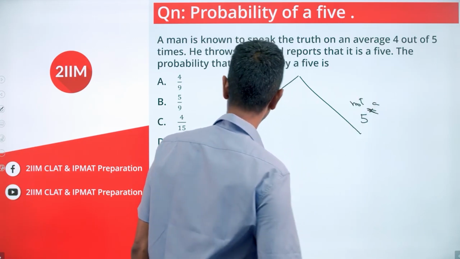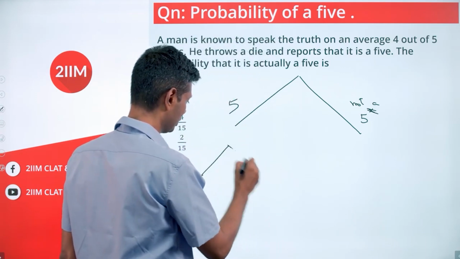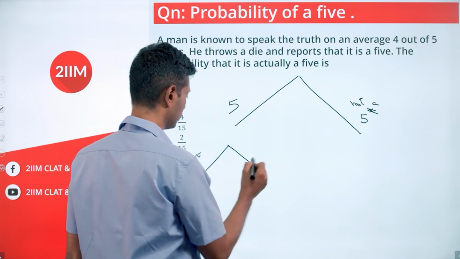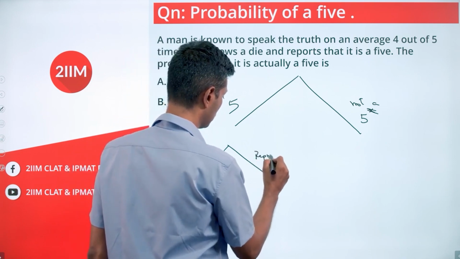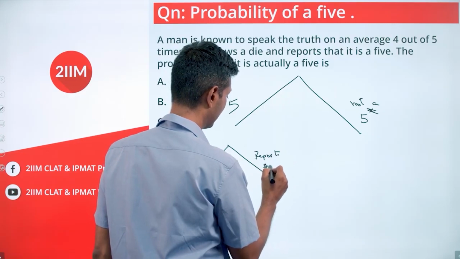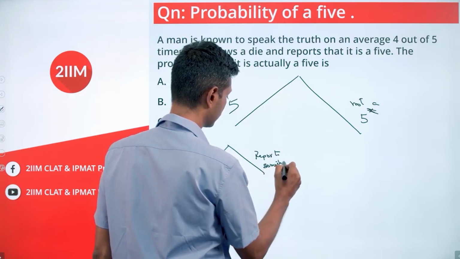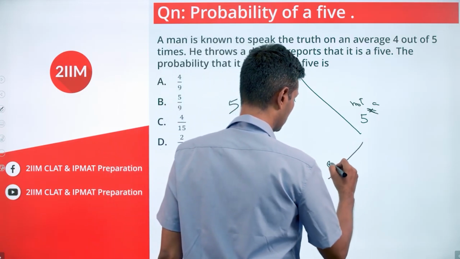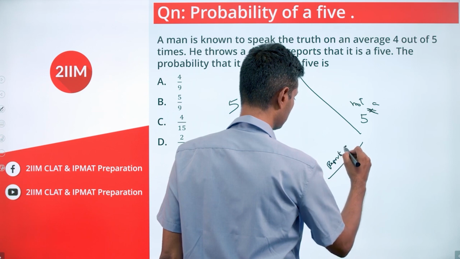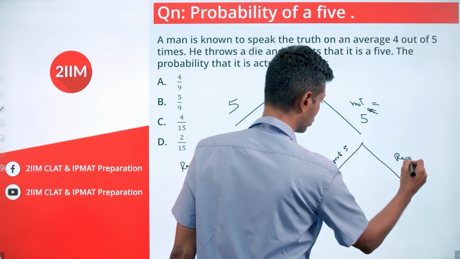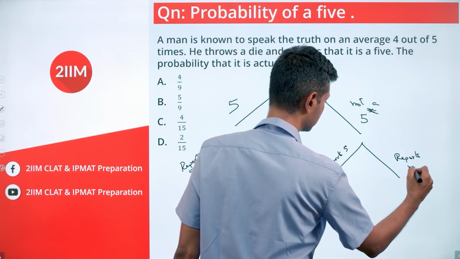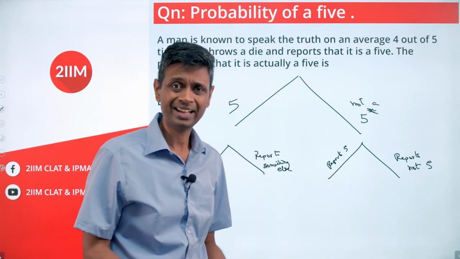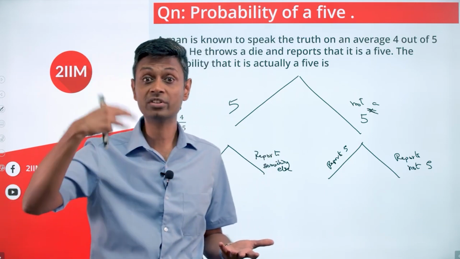Given a 5, he reports 5, or reports something else, or reports not 5. Not a 5, he reports 5, reports not 5. And then we'll carve out this entire probability and then go back to the reverse conditional aspect of it.